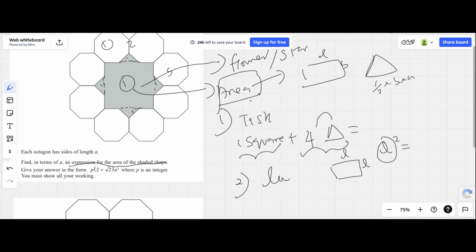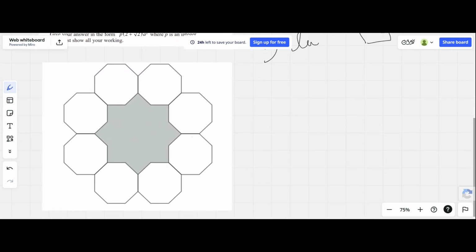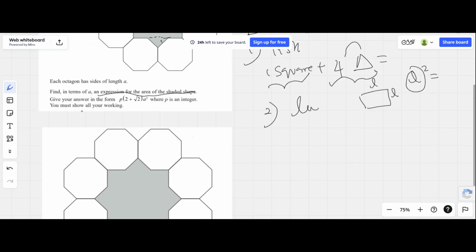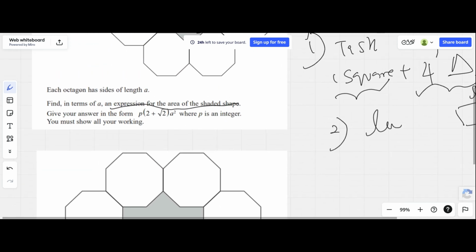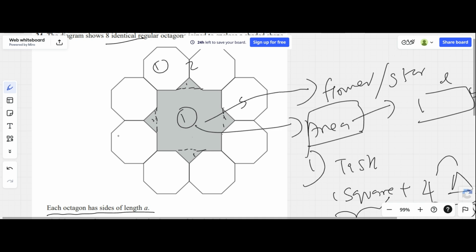First of all, in the question, if you see here, each octagon has sides of length A. So basically, this is the octagon. Octagon means a shape with 8 sides.